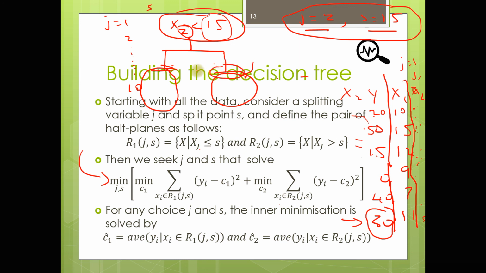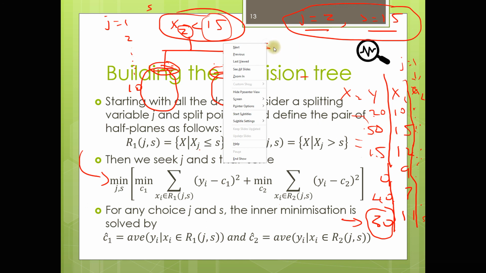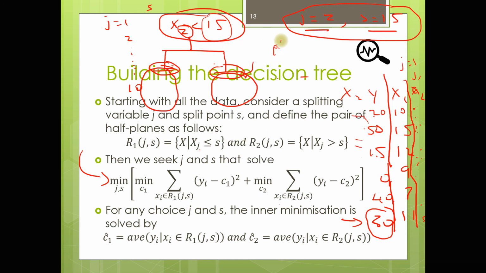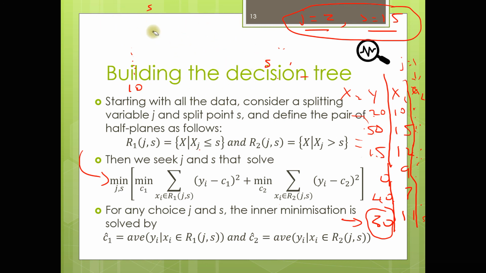And you will come up with a certain split variable j and a certain split point for this and for this as well. So that is a little bit the idea behind how you build the decision tree.